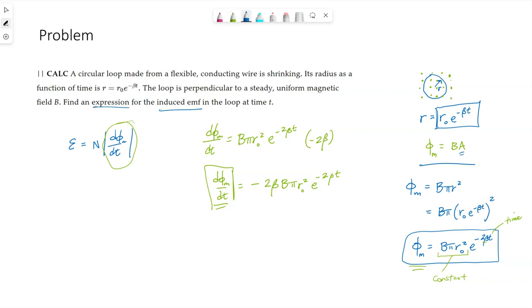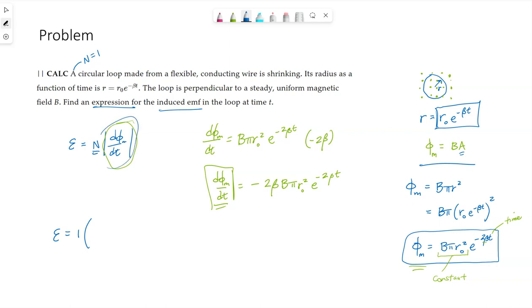So the equation that represents our EMF induced in this loop has the number of turns. And if I go back to the problem, it tells me a circular loop. That to me implies N is 1.